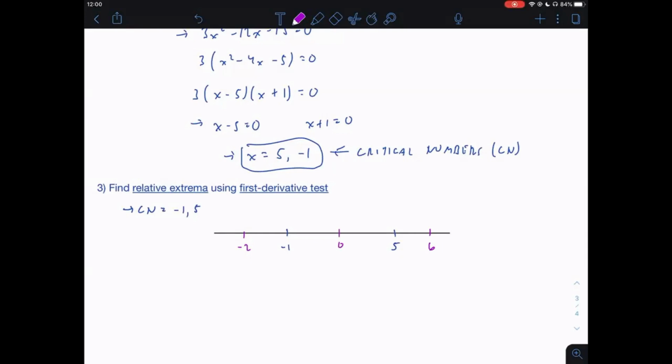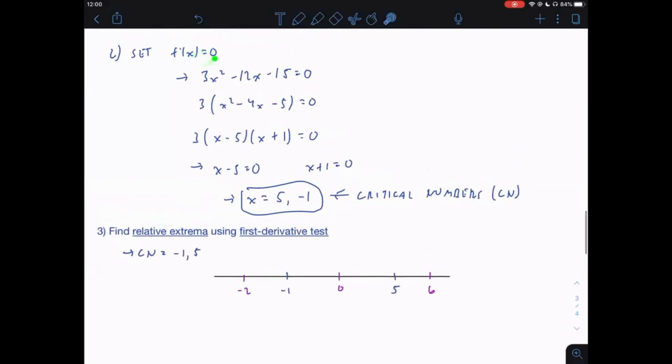Okay, and then we're going to take these test points, and since we're trying to identify the type of slope our function had between these critical numbers and before and after, we're going to plug them into the first derivative.